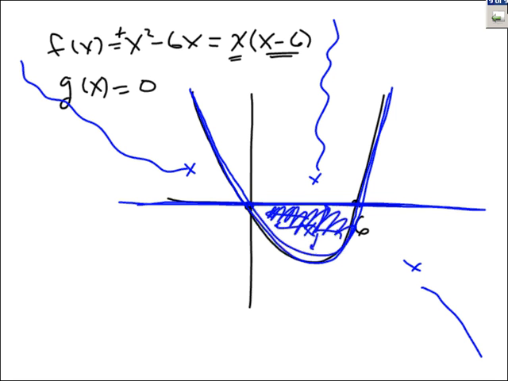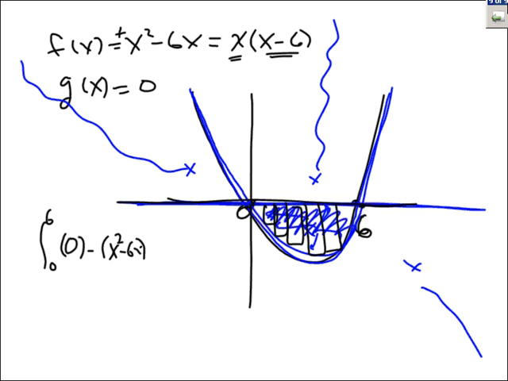And the smallest x value is 0. The biggest x value is 6. No matter what rectangle I put in here, the x's go from 0 to 6. So we're going to integrate from 0 to 6. The top function, which is 0, minus the bottom function, which is x squared minus 6x.